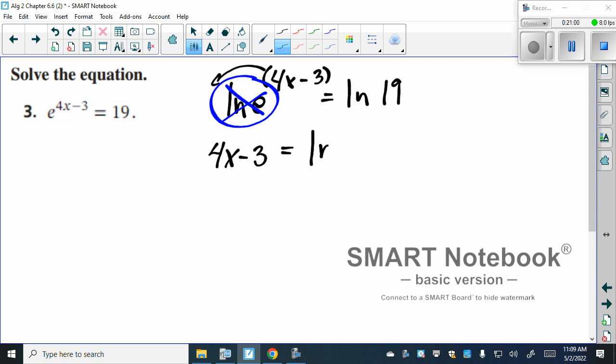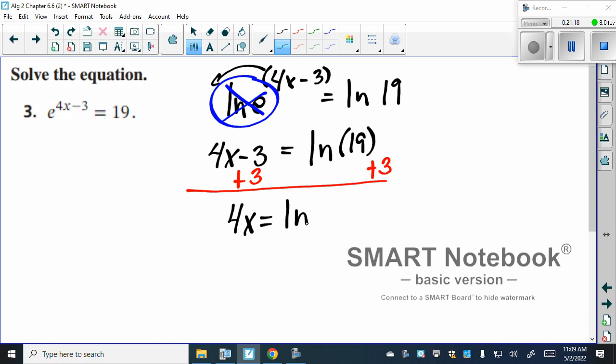On the other side, we have the natural log of 19. Now we just need to get x by itself. So the first thing we can do is add 3 to both sides, which will tell us that 4x equals the natural log of 19 plus 3.